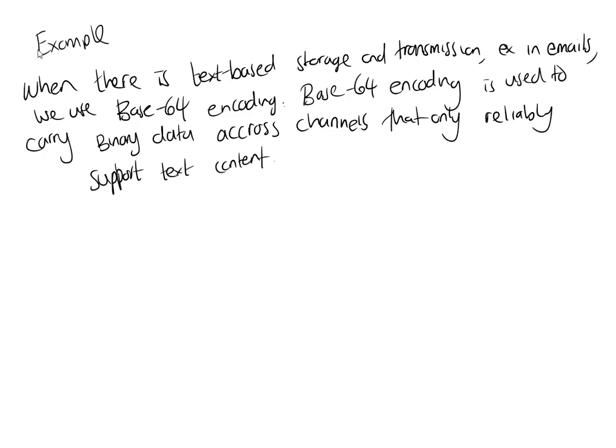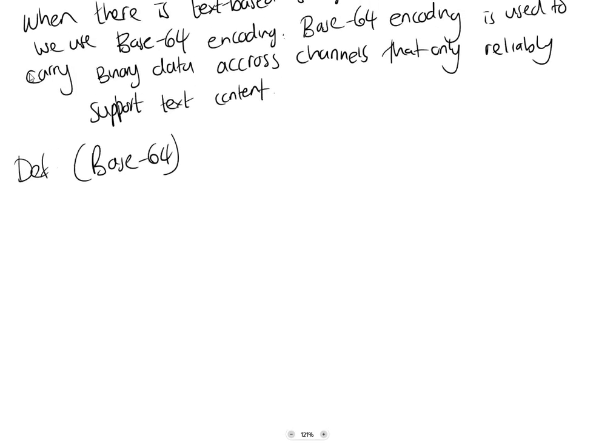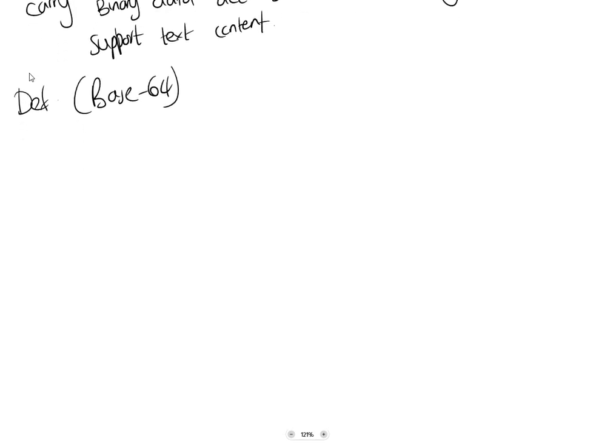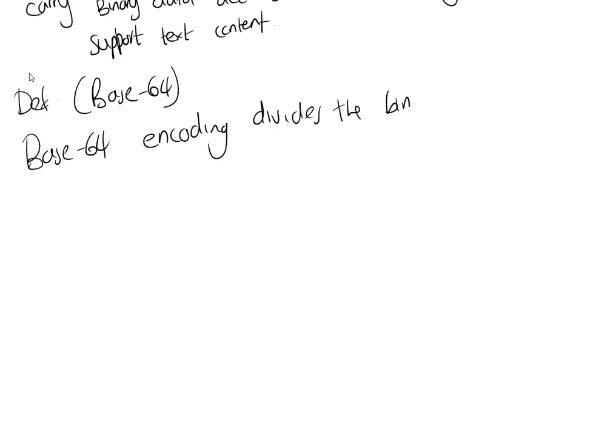Let's define what base 64 is. The base 64 encoding divides the binary data into 6-bit groups.